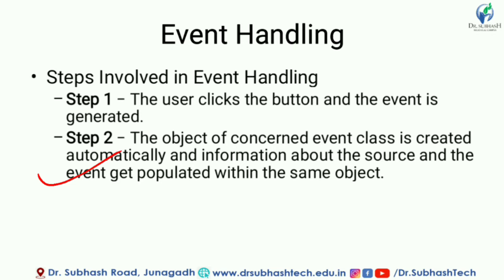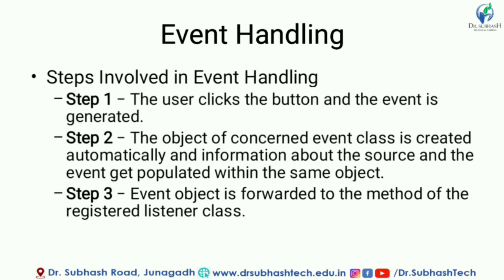For a button click event, the available class is ActionEvent. The ActionEvent object is created in the second step, and the information about the source and the event is populated in this object.